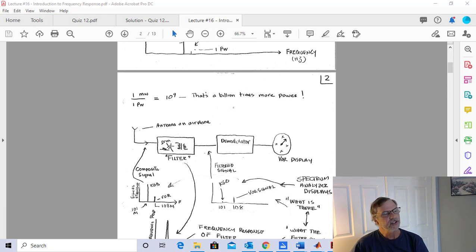So this circuit is called a filter. And you're going to see that it is the thing that rejects the signals we don't want, but passes the signals we do want. Now, after the filter, we're going to go into the demodulator of the radio, and the demodulator is the thing that converts this coded signal from the navigation station to the display that the pilot sees.